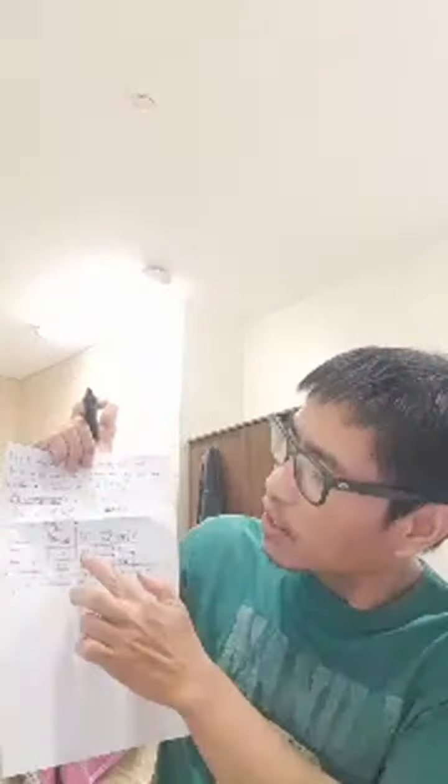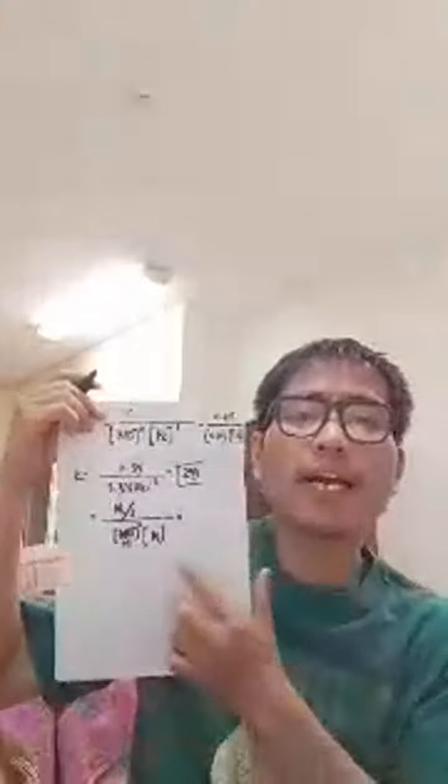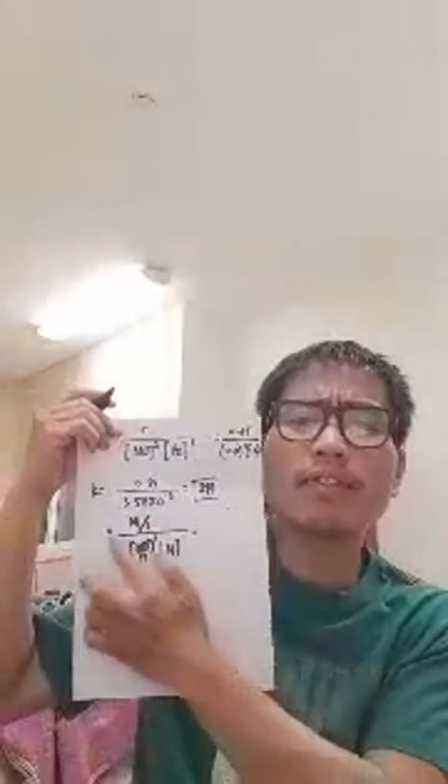So H2 is M also, M, but NO is raised to the power 2, so M here will be raised to the power 2. So you can cancel a lot of M right here. If you simplify this one, M cubed cancels, so this becomes M squared.